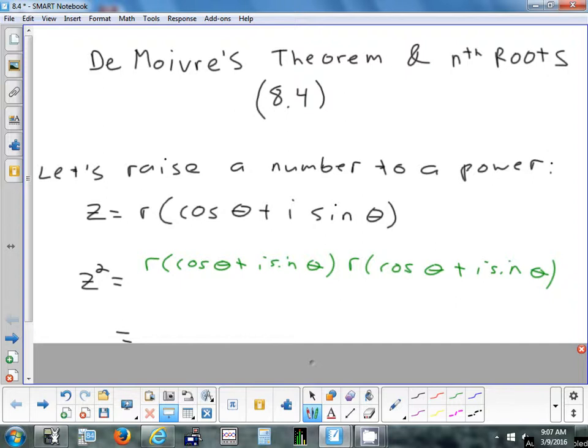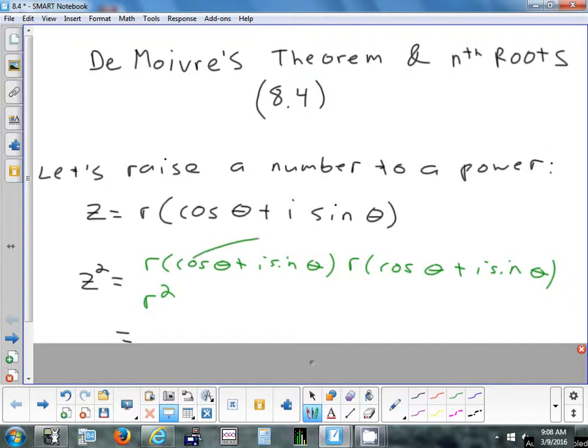I have an r in the first part and an r in the second part. What's r times r? r squared. So I'm going to start with that. And now you can ignore this r. We've already done r times r, so we can pretend like the r's aren't there. What's left is cosine theta plus i sine theta, cosine theta plus i sine theta. That we have to FOIL out.